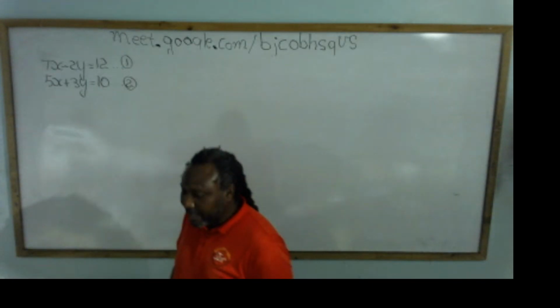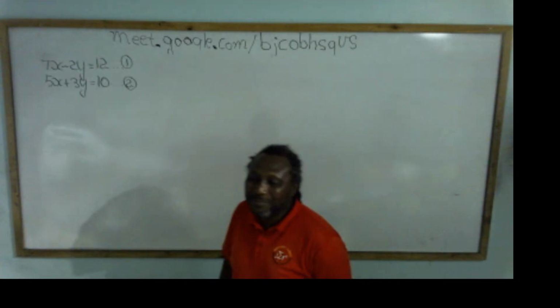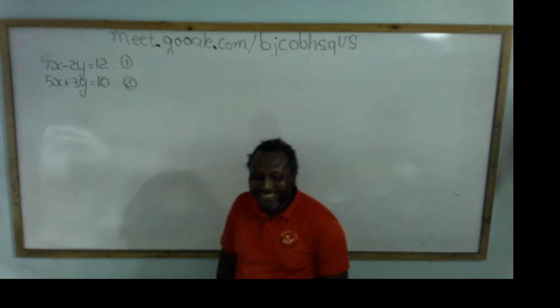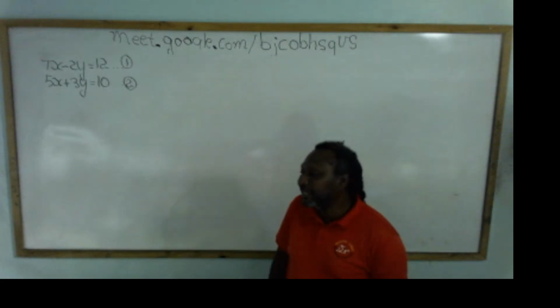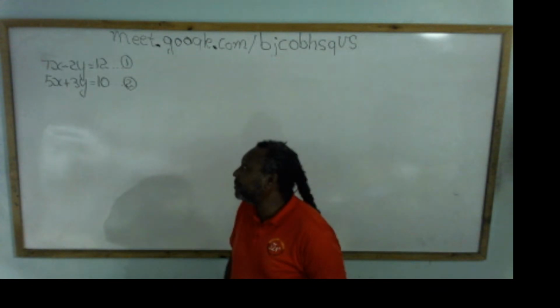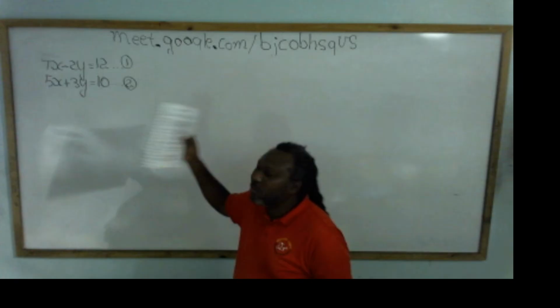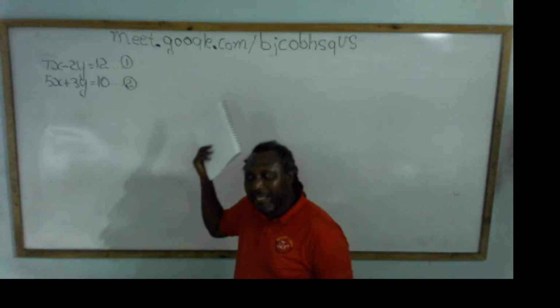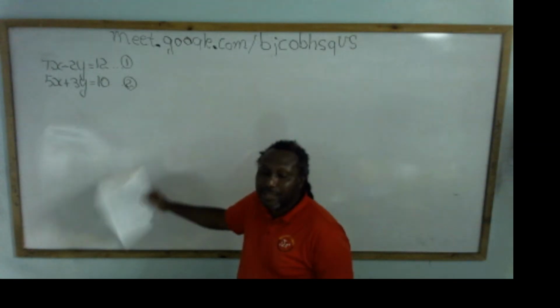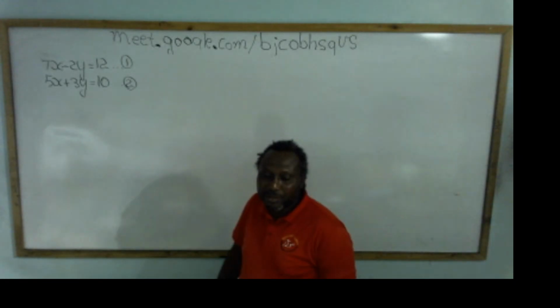Even in matrices, well, Cramer's rule is a bit different, but you have methods in matrices that also make use of the whole idea of the elimination method in solving a pair of simultaneous equations.